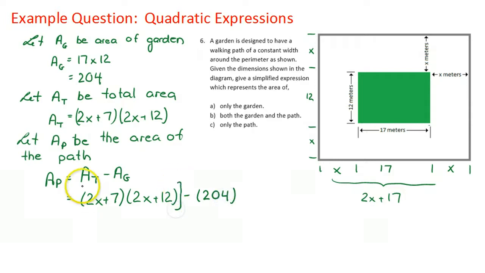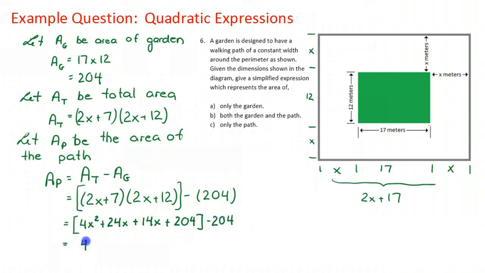Now what I've done here is actually just a little helpful point: when you're first learning this, it's really nice to put these in brackets because it allows you to avoid calculation errors, specifically when you have minuses in here. In this question it's not a big issue, but it's always good to add a couple extra parentheses as you're learning to help avoid those careless mistakes. So we expand this now because now I have a reason to expand this. So I'm going to get 2x times 2x is 4x squared plus 24x plus 7 times 2 is 14x. 7 times 12 is plus 84 minus 204.